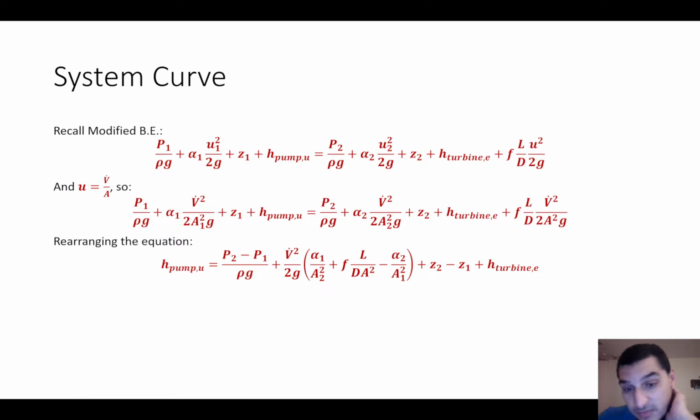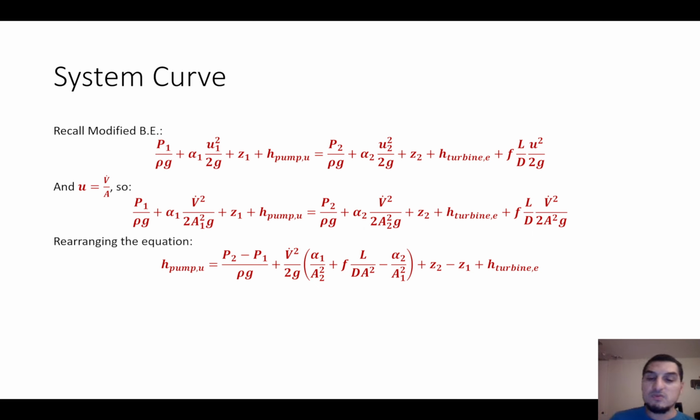It's similar to the previous equation, but this equation gives us the needed pump head for different volumetric flow rates, while the previous equation gives us the actual head the pump can provide for different volumetric flow rates. So both are pump heads, but one is the needed head and the other is the available head. The first equation we discussed before was the available head that the pump can provide, while here it is the head that I need for my process.